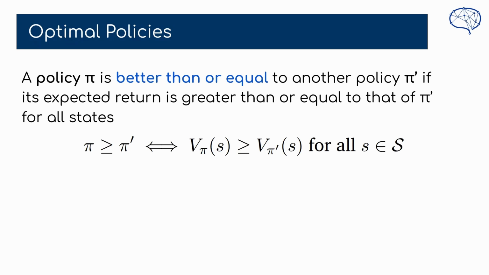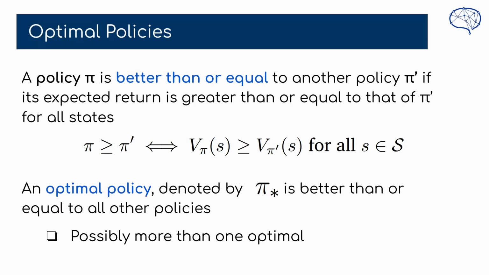If you go over all of your states, and the value for your policy pi is greater than the value for pi prime, that means policy pi is better than pi prime. And an optimal policy, denoted by pi star, is better than or equal to all other policies. You can also possibly have more than one optimal policy.